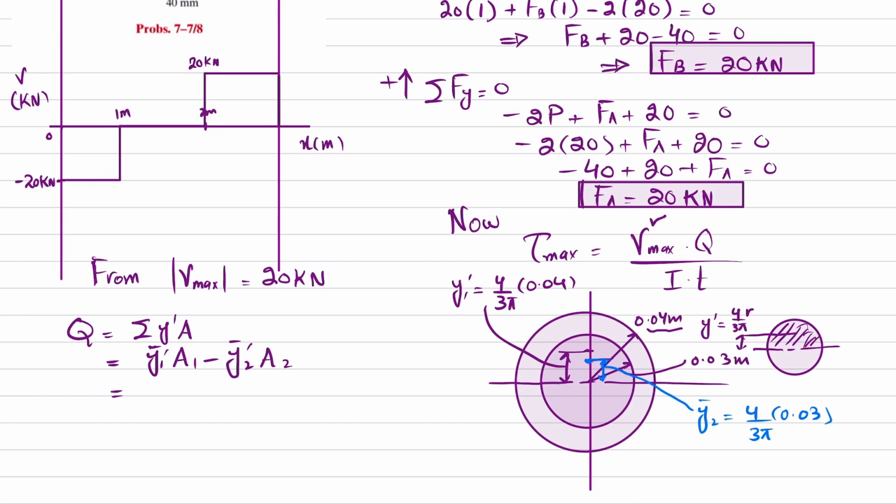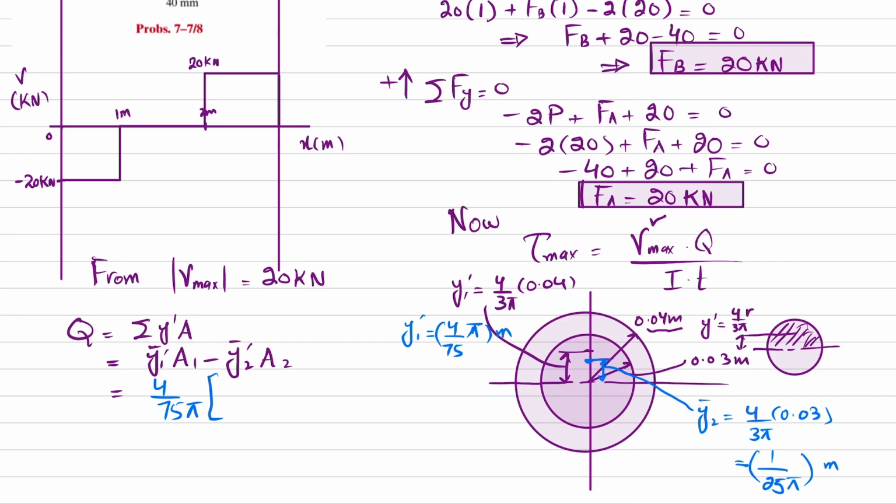Now y1 dash, when you solve it, will be equal to 4 over 75 pi, and the unit will be meter, and this is equal to 1 over 25 pi, in meter. So y1 dash is 4 over 75 pi, into area.